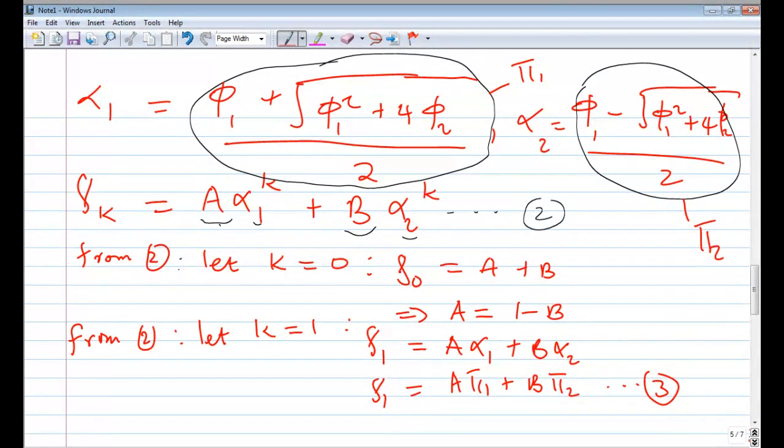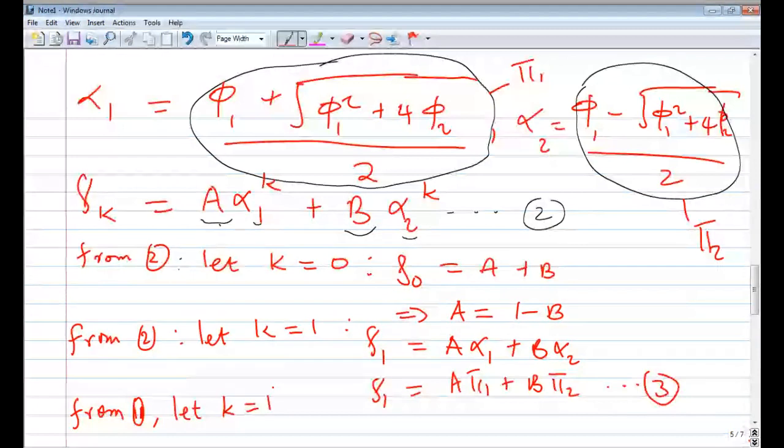To do that, let k be equal to 1 from equation number 1. Let me just write it down, because now we want to find the value of rho k. From equation number 1, let k be equal to 1.